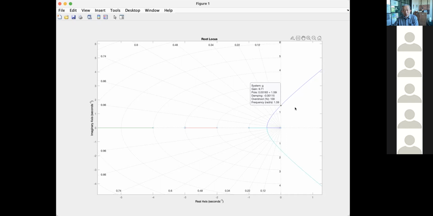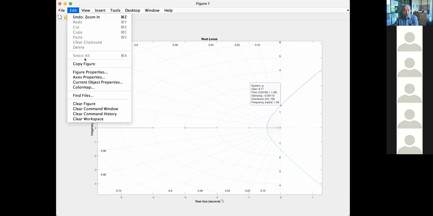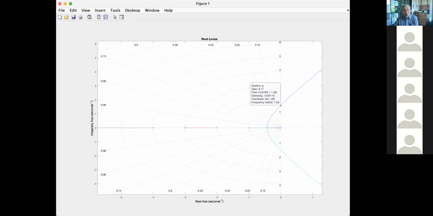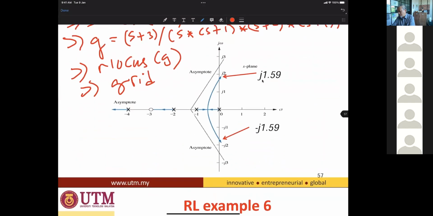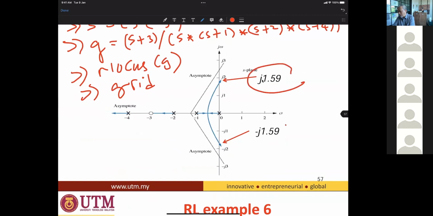That is the intersection between the root locus and the imaginary axis. Right, so it happens here, j1.59 here. Okay, and the asymptote as well.